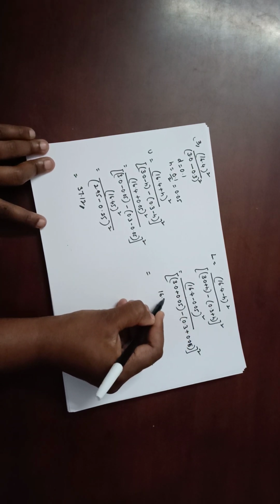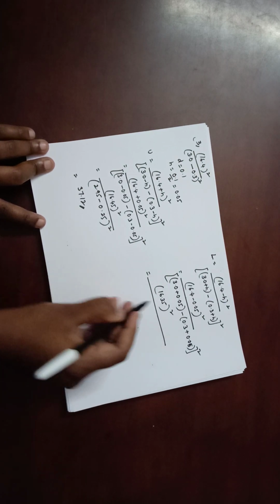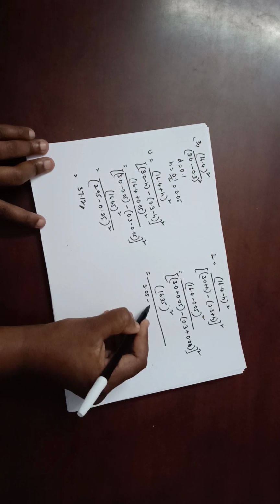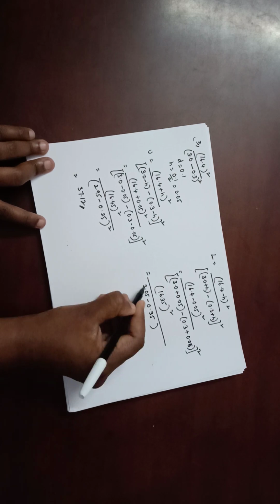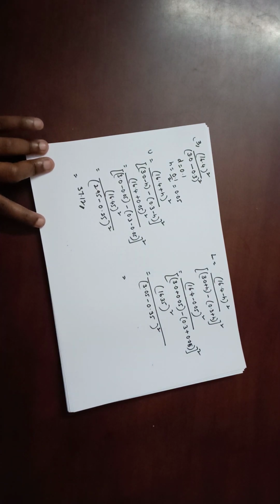Subtraction, 16.35 whole squared divided by, addition, 3.05 minus 0.35 whole squared. After doing the calculation we got 36.67.